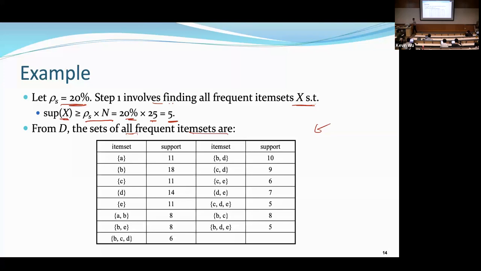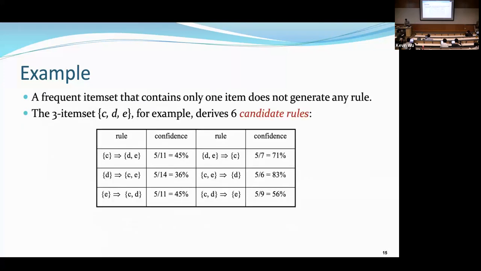Now, the first thing that we notice is that a frequent item set that contains only one item, or what we usually call a singleton, does not generate any rule. Because if you have only one item in the frequent item set, you cannot partition it into a left-hand side and a right-hand side that are non-empty.